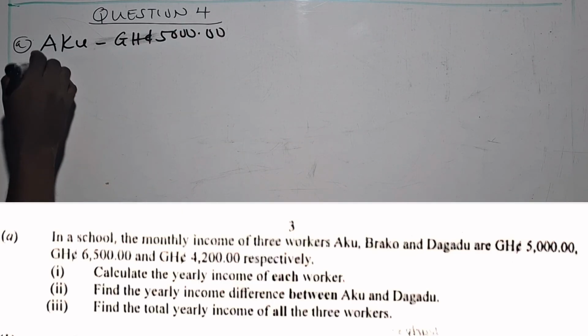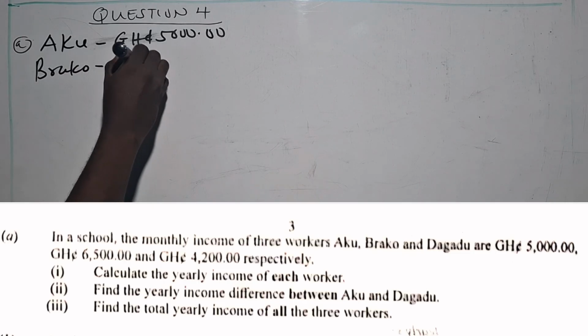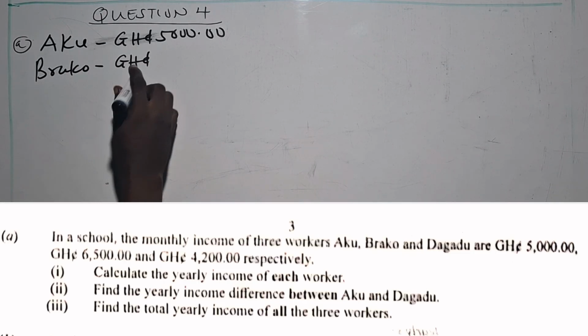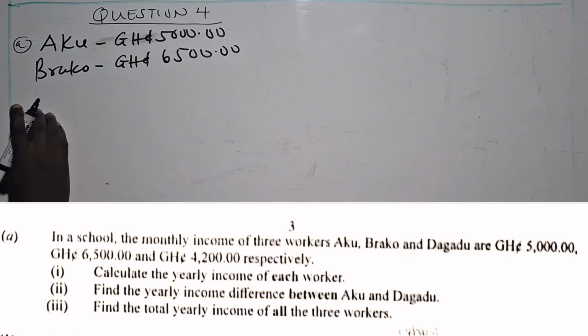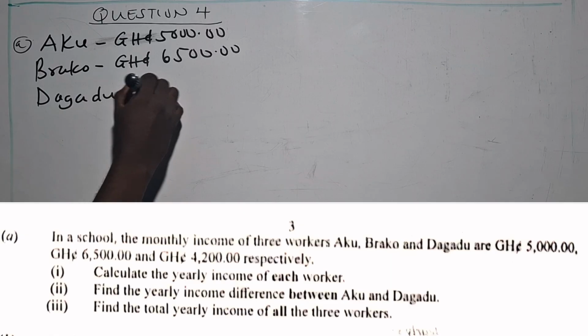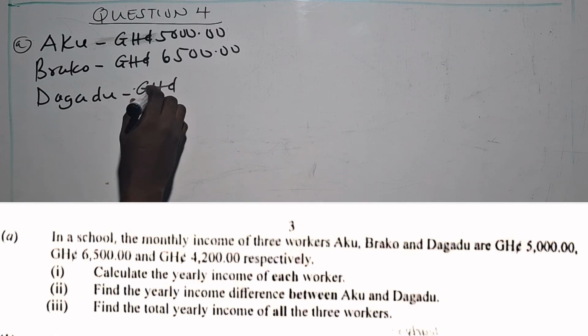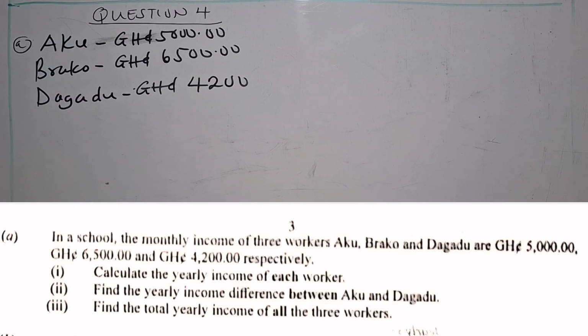Then you have Braco's salary, which is 6,500. Then we have Dagadu, which is 4,200. We are to find their yearly income.